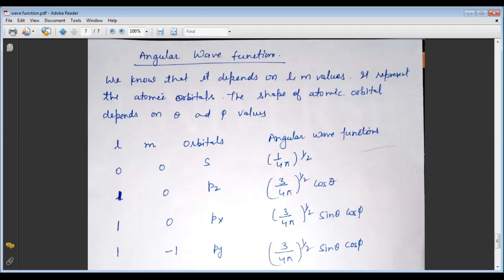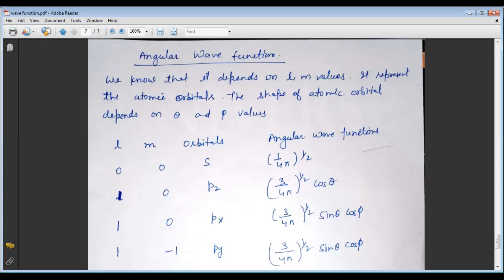When n is 2 and l is 1, we have the p orbitals, which have a marked directional character, because the wave function depends on theta and phi. For l equal to 1, m can be +1, 0, -1, so different values of m correspond to orbitals of different orientations of the orbital angular momentum.